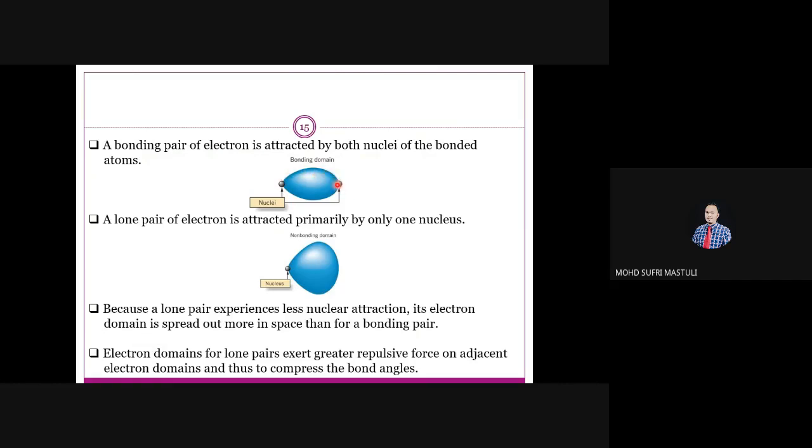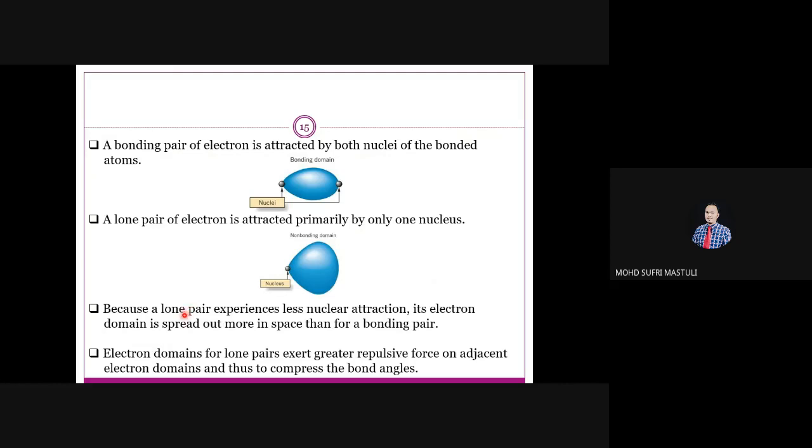So the electrons are attracted to each other. So the electron domain for this bonding pair of electrons is distributed equally. If we have a lone pair of electrons, no bonding, the lone pair of electrons is attracted primarily by only one nucleus.